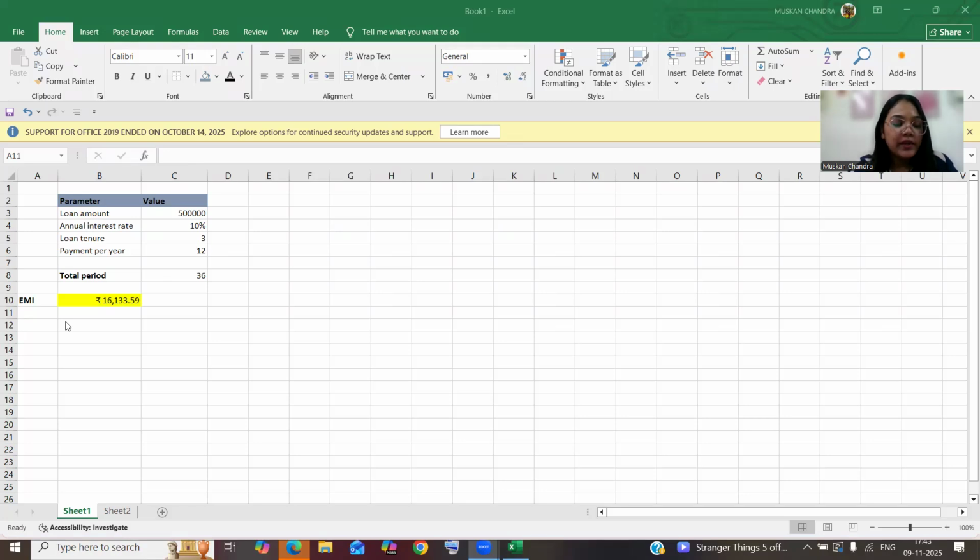The next step that we are doing is to create an amortization table, starting with A11.